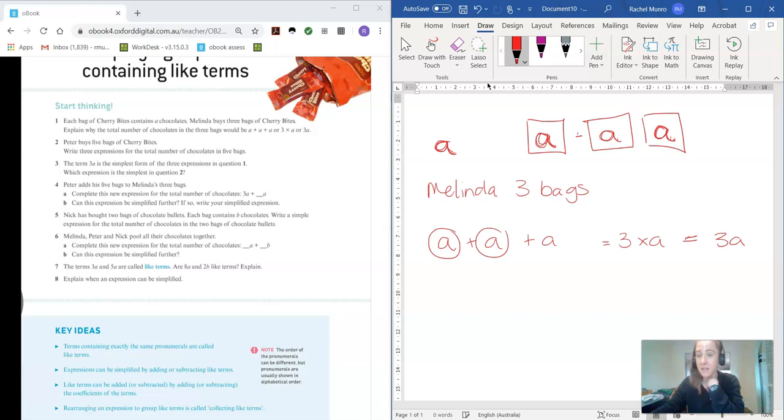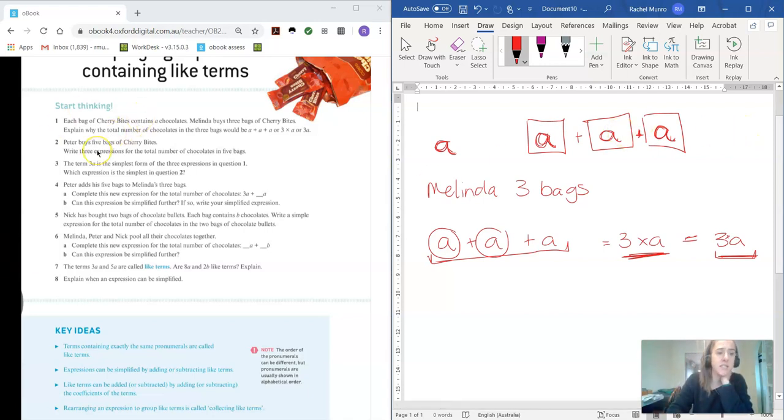So it's A plus A plus A, which is the same as 3 times A. And remember, we've learnt that we can simplify this down to 3A. There's an invisible multiplication sign in there. That's what it would look like.